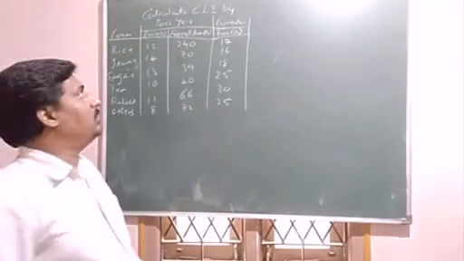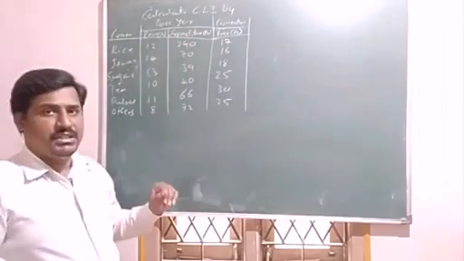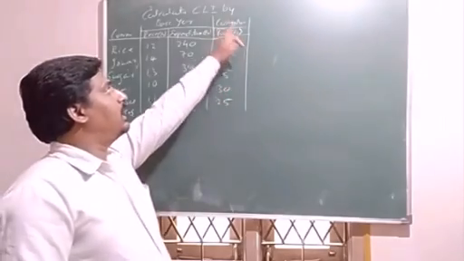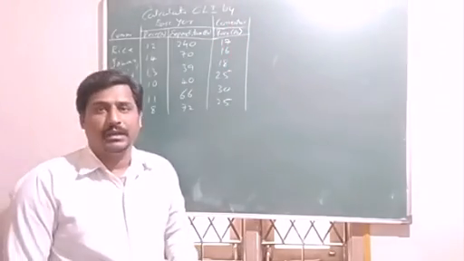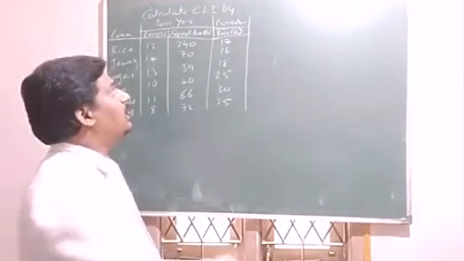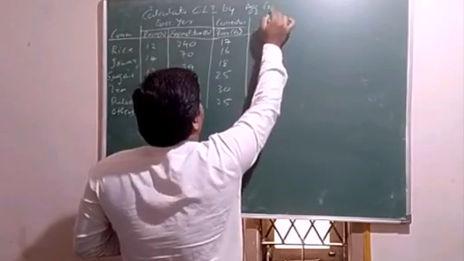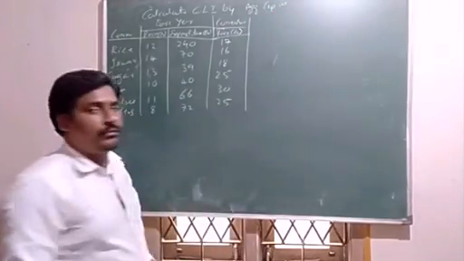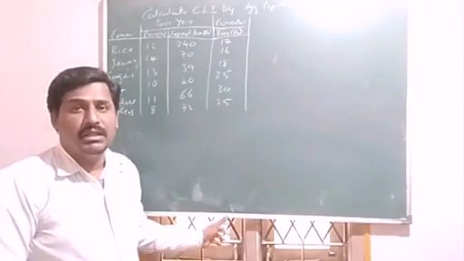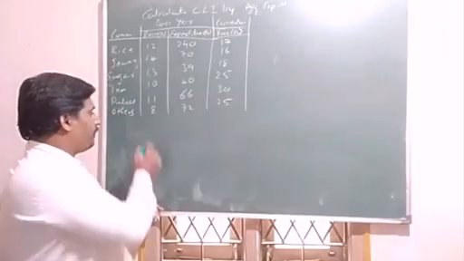In this problem, base year price and expenditures are given, and current year price is given here. The method asked is the aggregative expenditure method. So what is the formula?